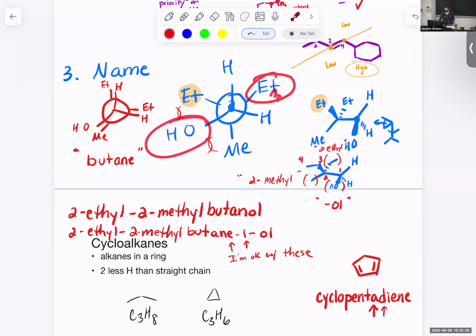My higher staggered conformation would be if I have the two ethyls next to the alcohol. So that's kind of anti. You don't normally use anti unless it's clear that all the big groups are totally opposite each other. But anti just means the largest groups are 180 degrees. Cool. Any other questions?